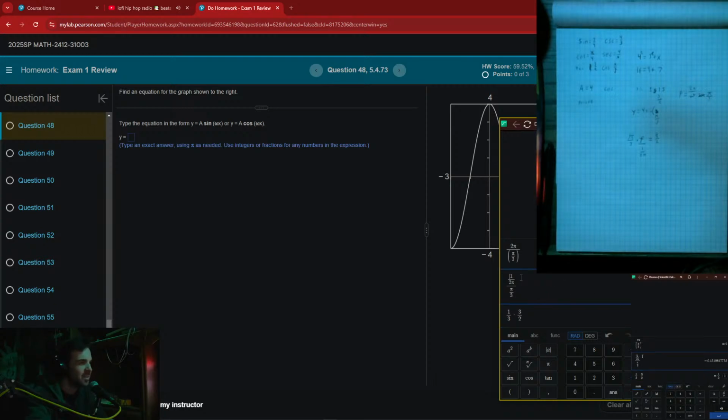Oh, maybe pi is supposed to go on top here. No, I already tried that. Is it just 2 pi? No. 2 over pi. No, pi over 2? Is that it? Yeah.